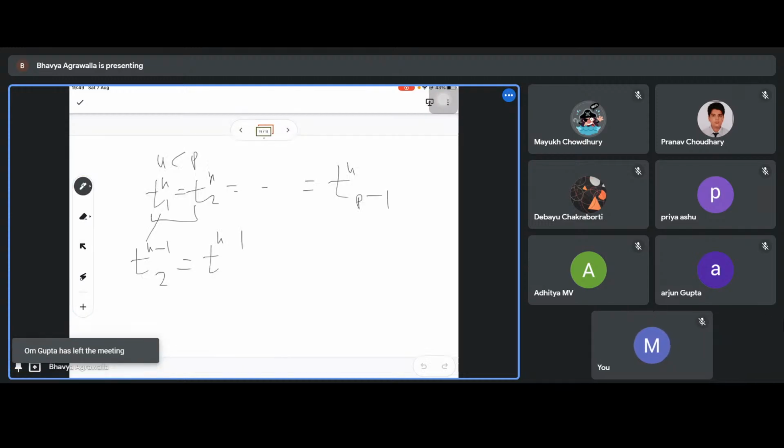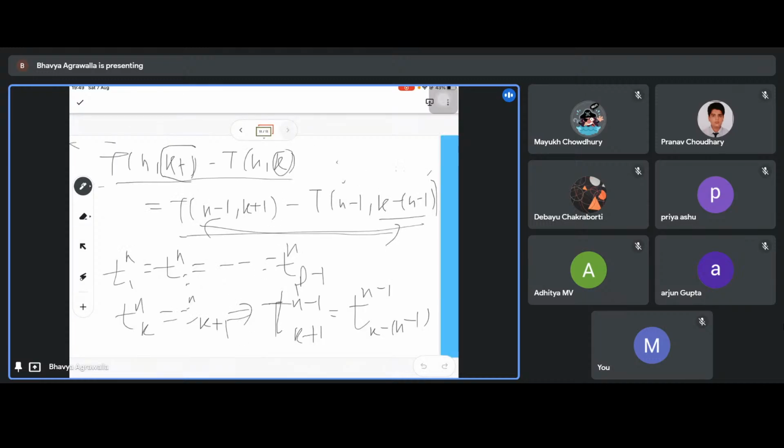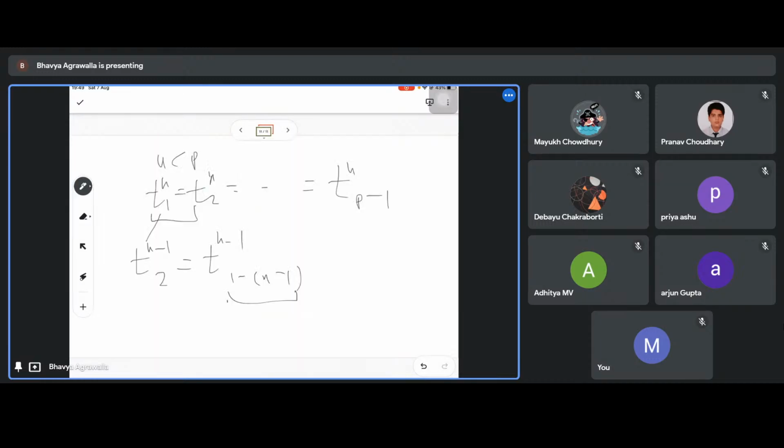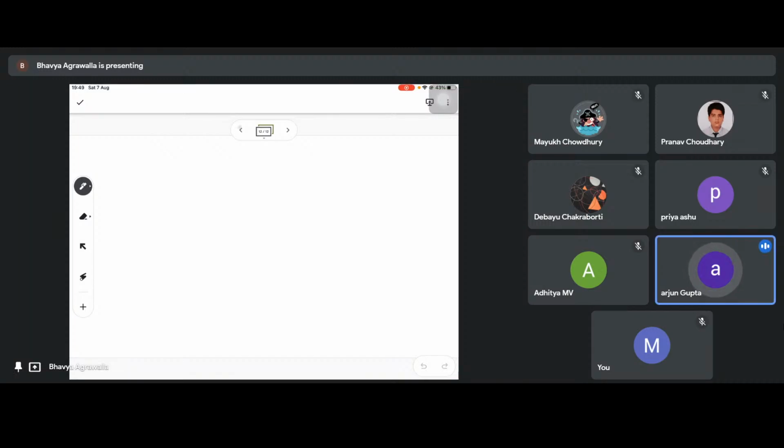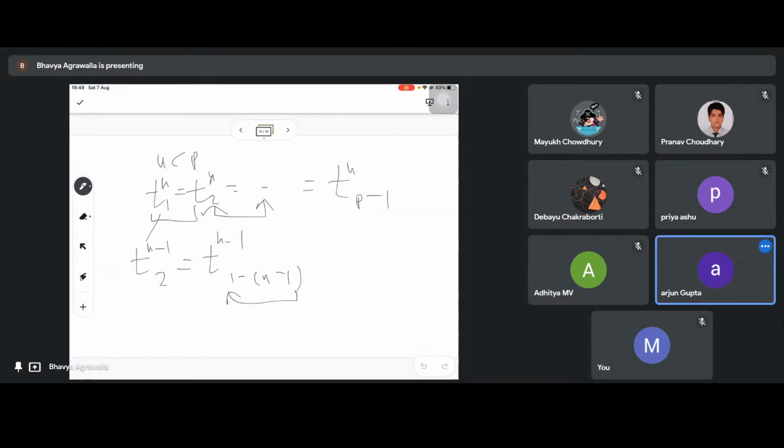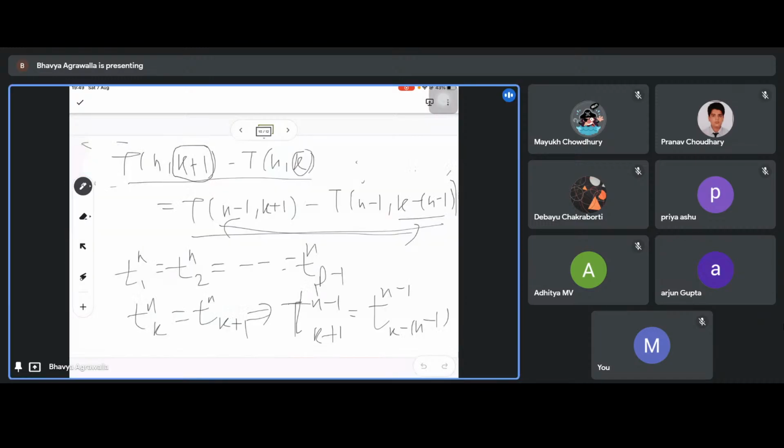Obviously this is modulo p and all. Then t of n comma 2 is equal to t of n comma 3 will give us that, okay, maybe let's just do an example. Basically, t of k is equal to t of k minus n.